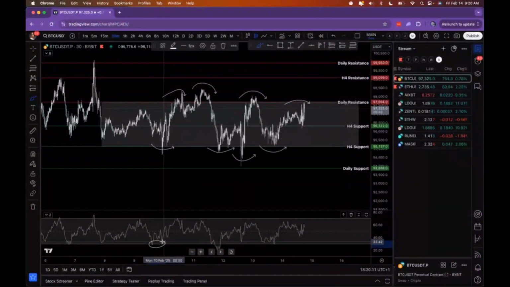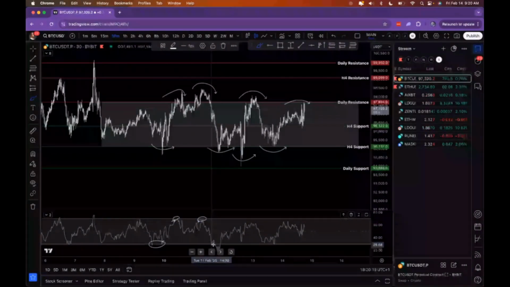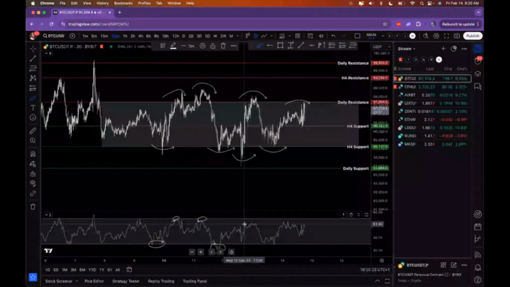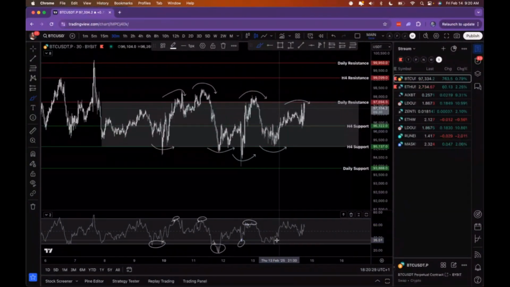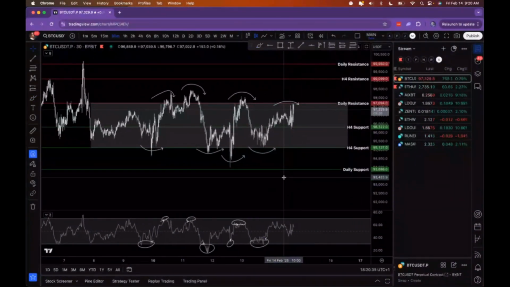Every time we're at range lows, and every time we're at range highs. Range highs, range lows, range highs, range lows. So you can see how this RSI matches up.